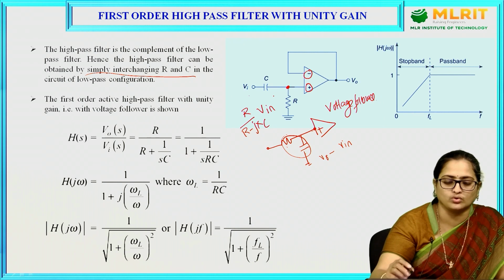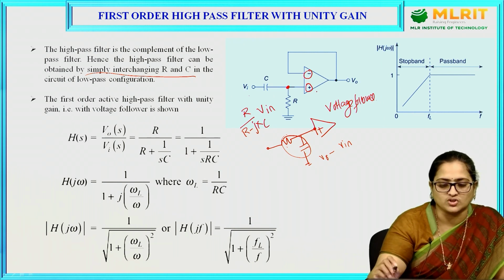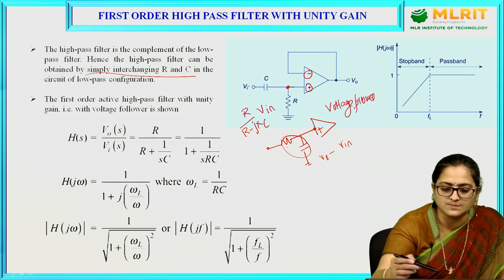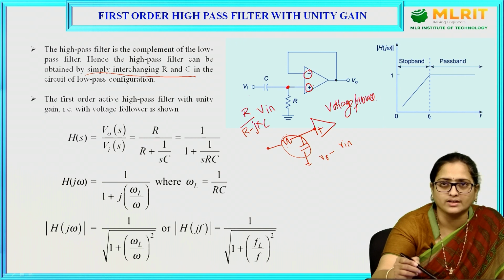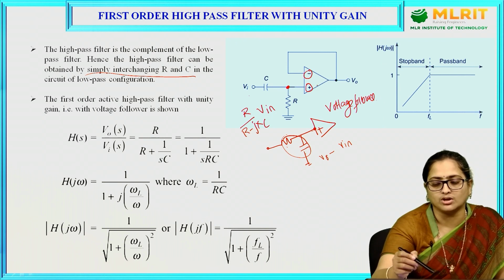This is the actual input to the operational amplifier. As your input voltage has been connected to the positive terminal of an op-amp, this circuit is going to work as a non-inverting op-amp.